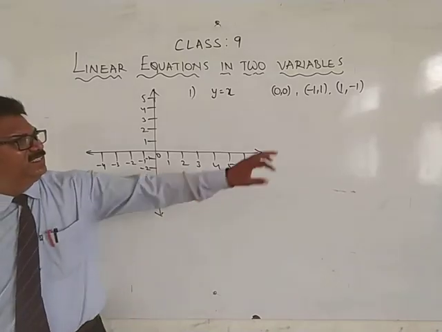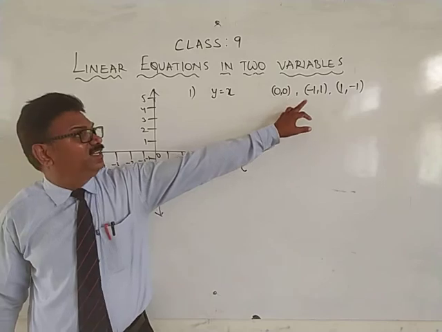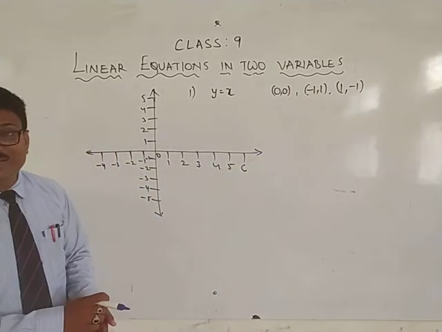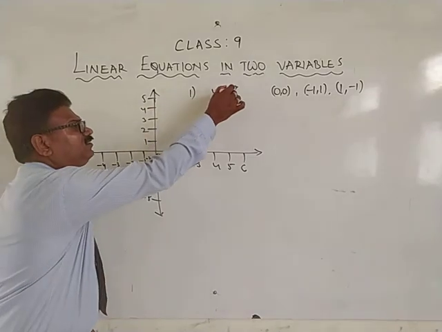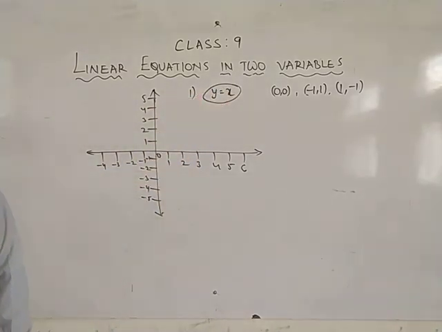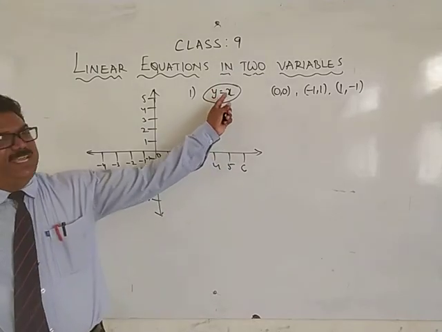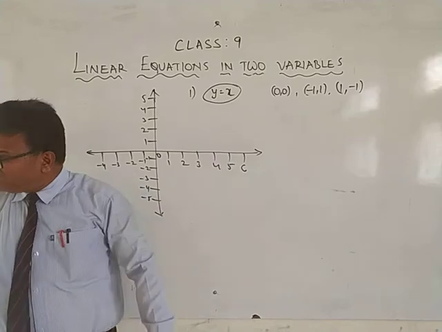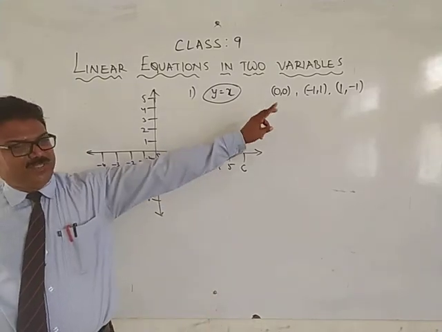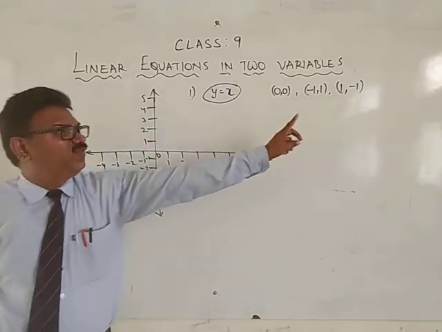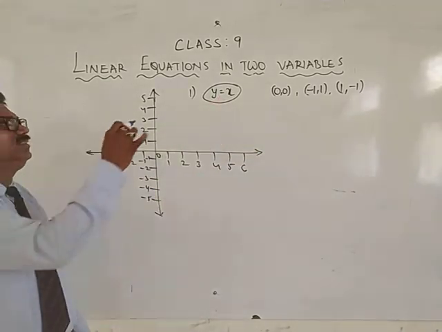But is it correct? Yes, 0, 0 only is correct. If x equals minus 1, y should be minus 1, but here it is 1. Therefore it is not correct, because he has given y equals x. If x equals 0, y should also be 0, and if x equals 2, y is also 2. But here it is not like that. Therefore, this equation is not correct.